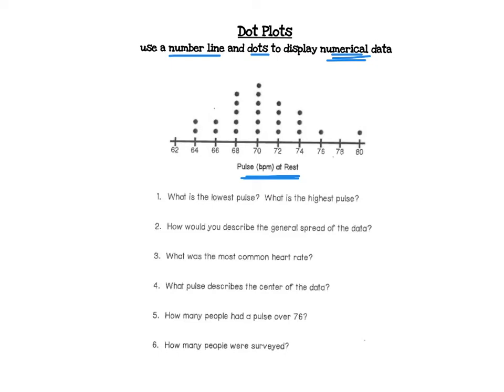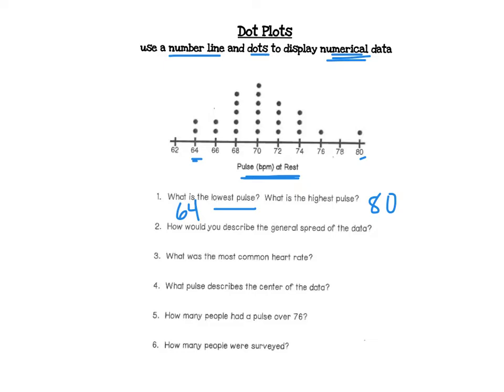Okay, so number one, what is the lowest pulse? So if we look at our dot plot, we can see there were two people that had a pulse of 64 beats per minute. Okay, the highest pulse would be 80 beats per minute. There was one person that had that pulse.